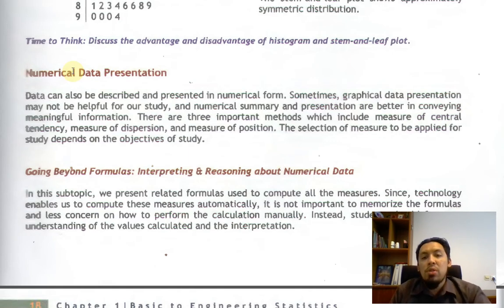In fact, if you use both back to back, it is a lot better. You will give a more concise and more precise descriptive statistic of your data.